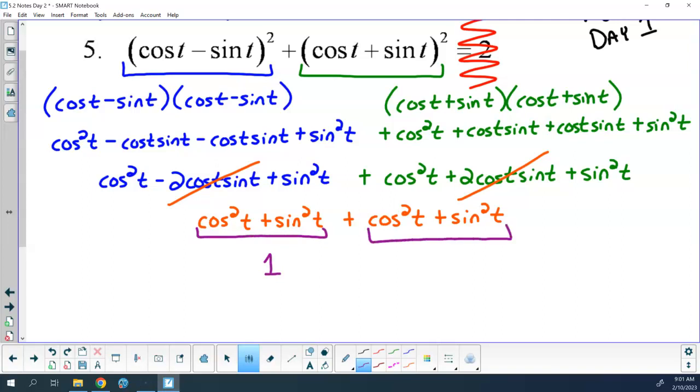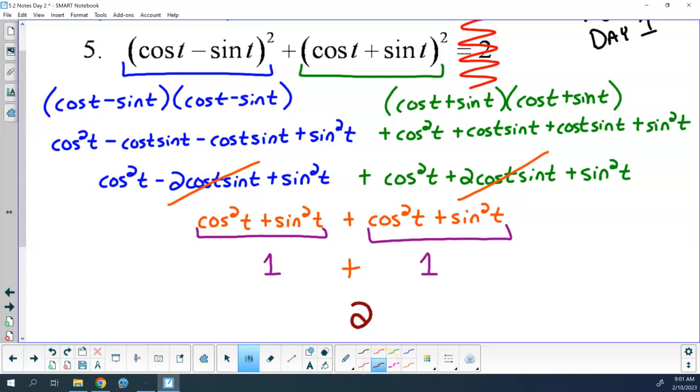This is 1. You have to show that. You can't just go from this orange line to 2. Okay? You've got to show that intermediate step. 1 plus 1 is 2.